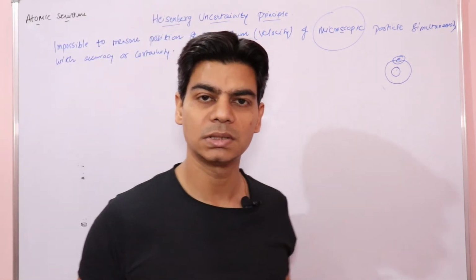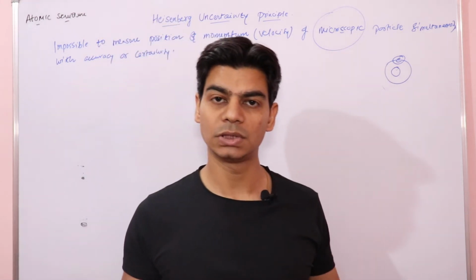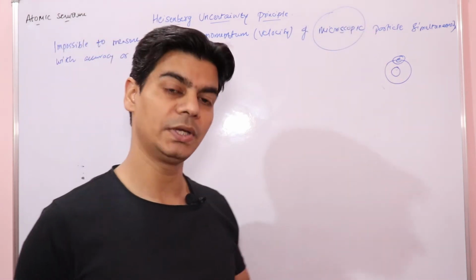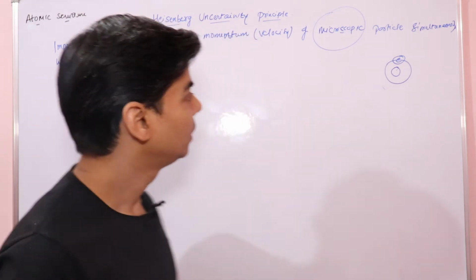Now let's see the reason why we cannot determine the position and velocity of microscopic particles like electrons, but we can determine position and velocity of macroscopic particles.